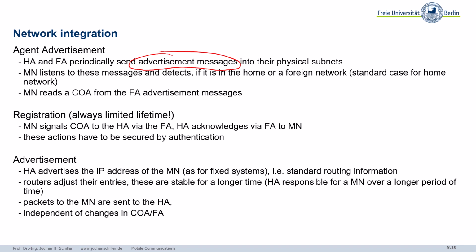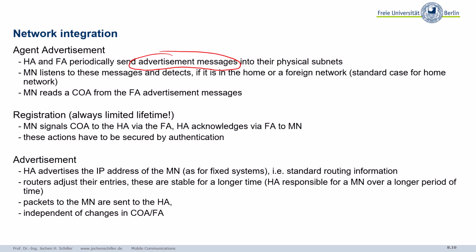And all the packets someone sends to the mobile node are all sent to the home agent. And this is independent of the changes of the care-of address and of the foreign agent. So that sounds simple. Advertisement messages, registration, and then we know, okay, this is where the mobile node is.